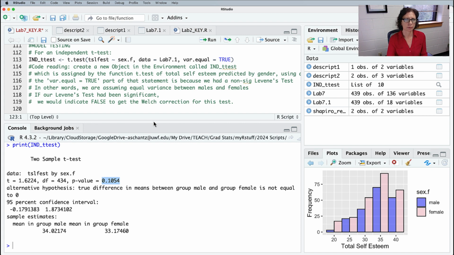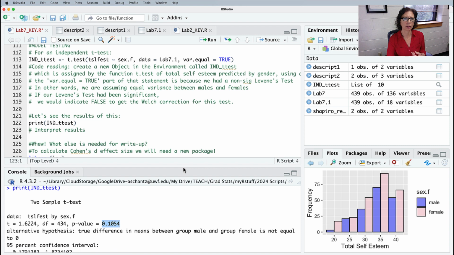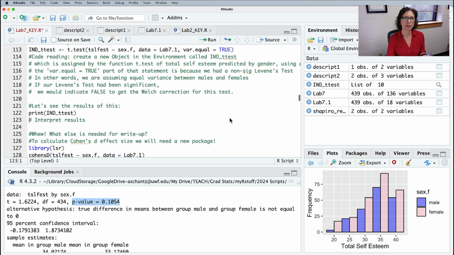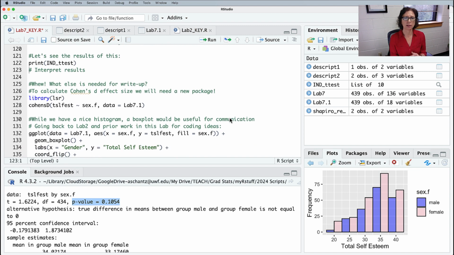So, what else do we need here to be able to write this up? We have the t-estimate, we have degrees of freedom, and we have the significance value. We still need the effect size. And effect size type for a t-test is typically Cohen's d.